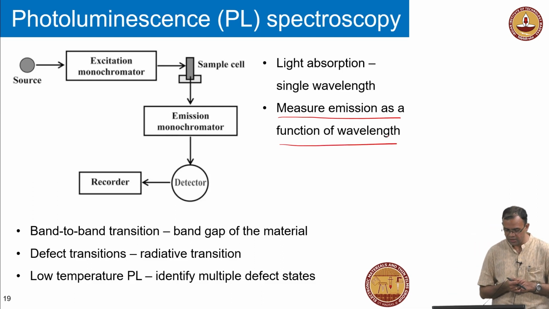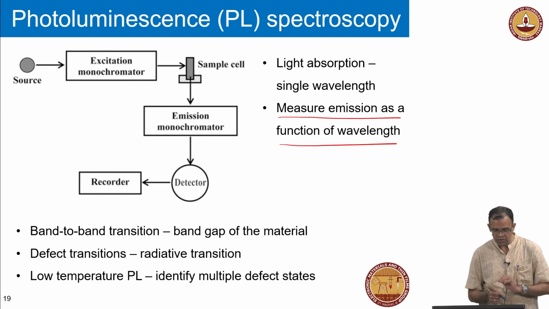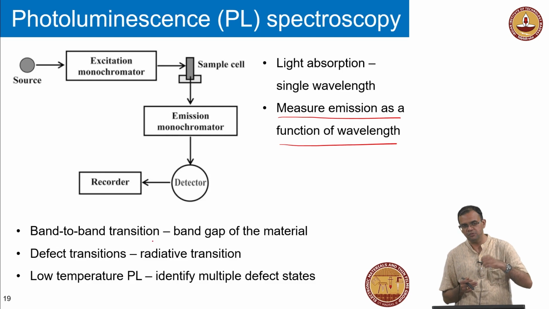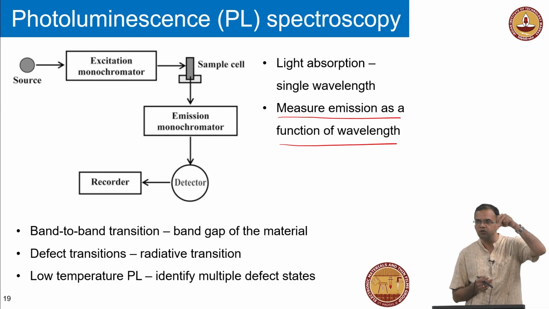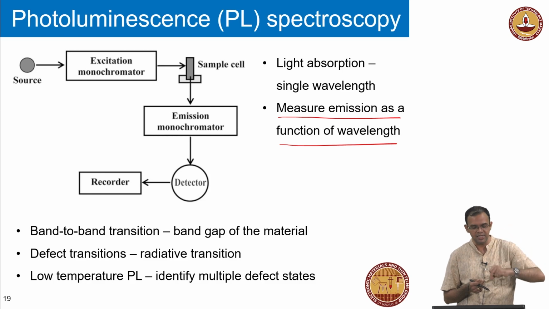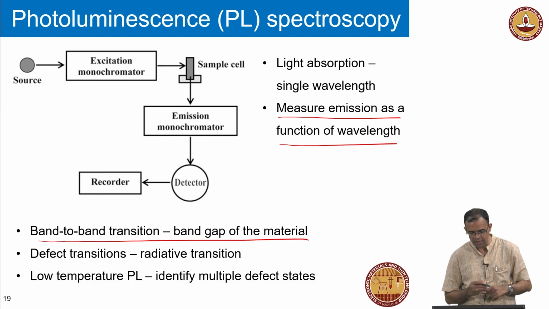and then you measure the light that is emitted as a function of wavelength, and using that you will have some information about the energy transitions or the radiative transitions in your particular material. So you can have a band to band transition. You shine light, you absorb light, the electron falls back from conduction to the valence band. That is your band to band transition, which gives you the band gap.